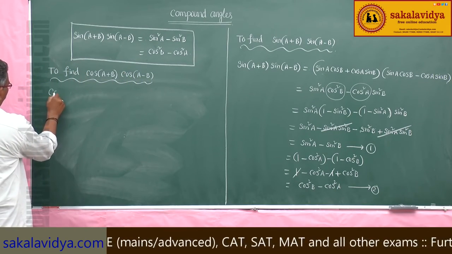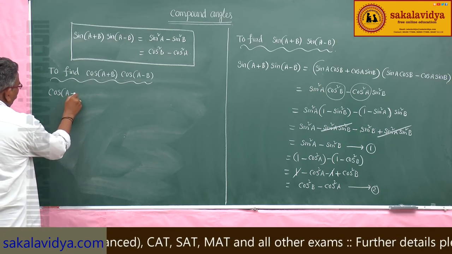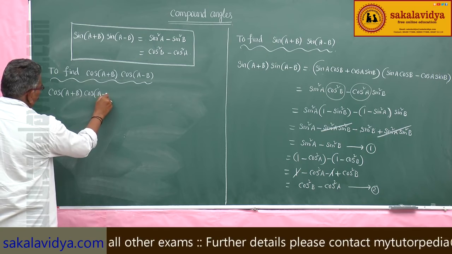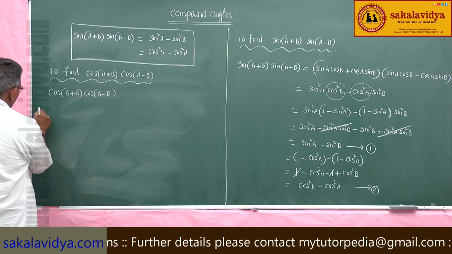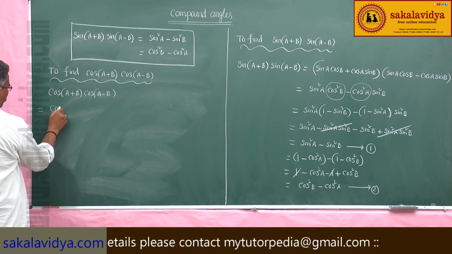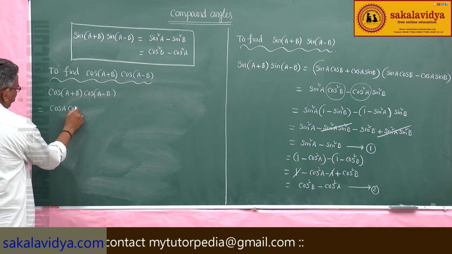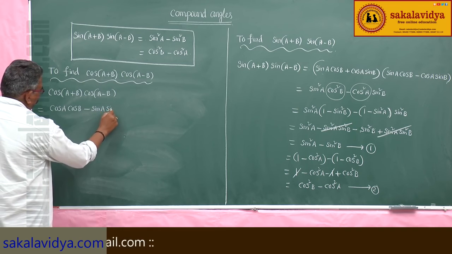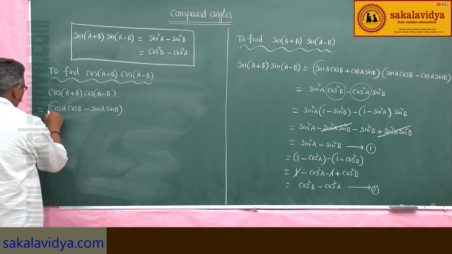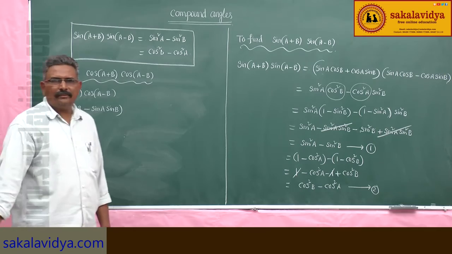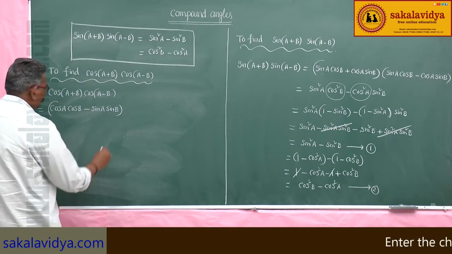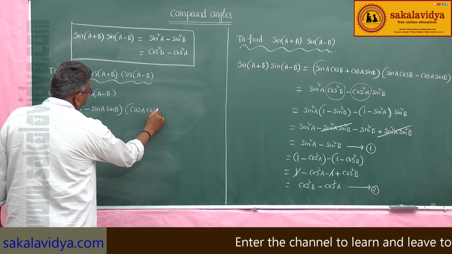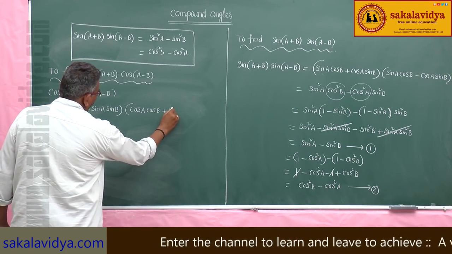Now cos of A plus B into cos of A minus B. This is cos A cos B minus sin A sin B, into what is cos of A minus B? Cos A cos B plus sin A sin B.